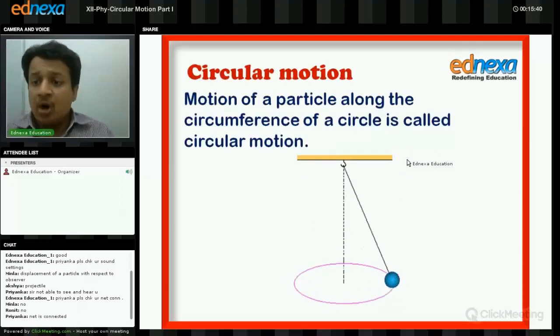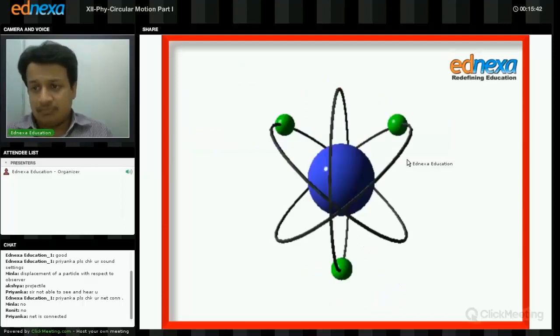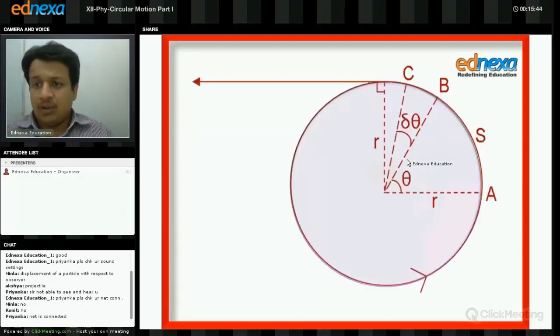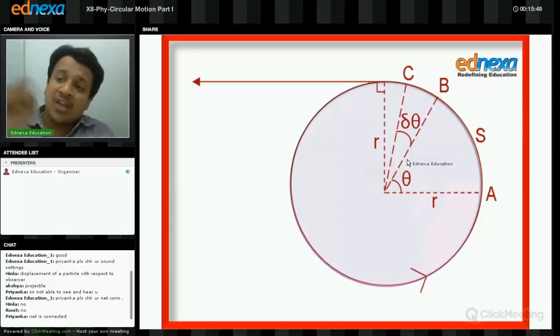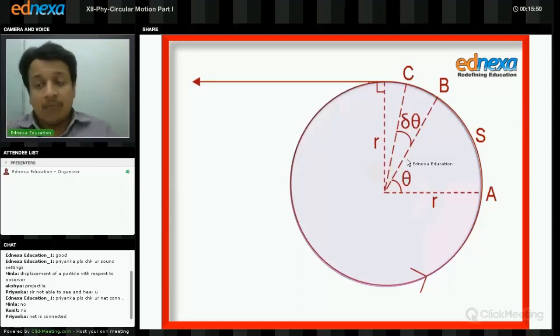Initially that ball is at point A. After some time that ball will reach at point B by covering angle theta. Is it right? Then it will reach at point C by covering angle delta theta. Like this way, the motion is circular motion.